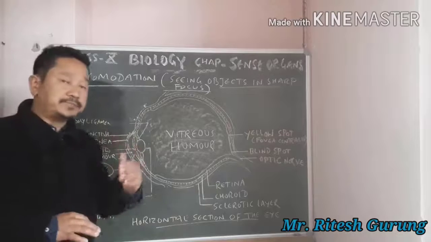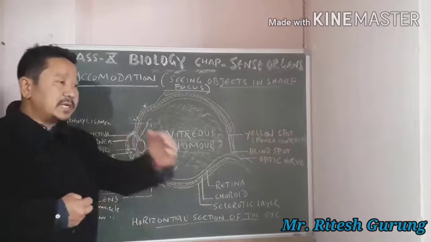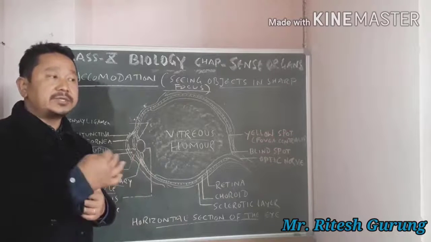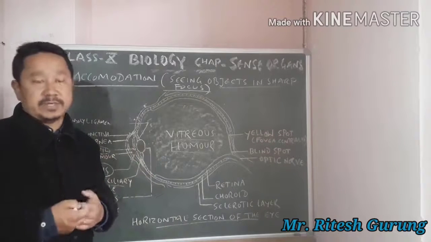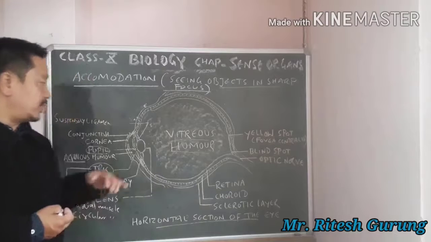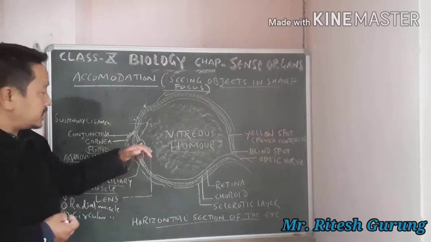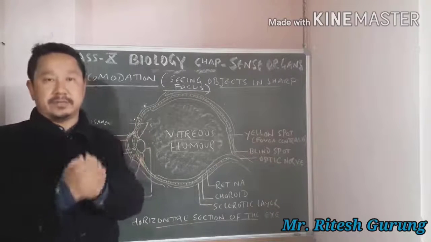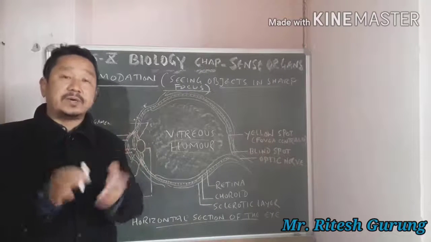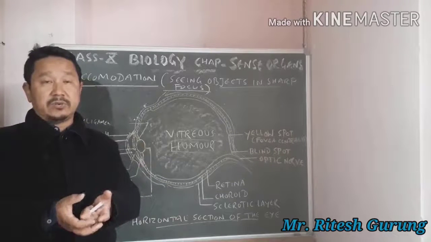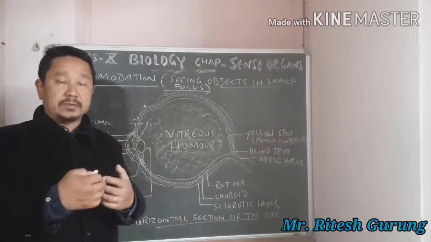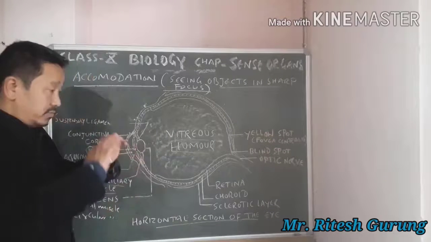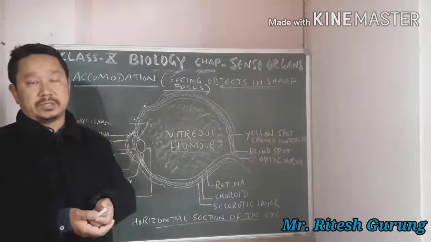If the object is close by, which means nearer than say 6 meters, then your lens becomes fatter, or more convex.